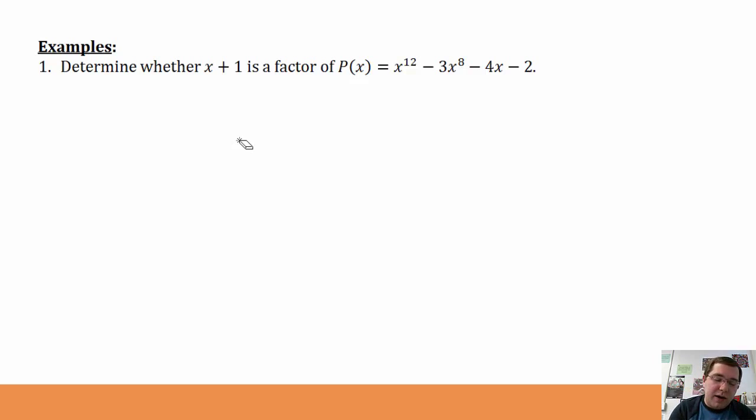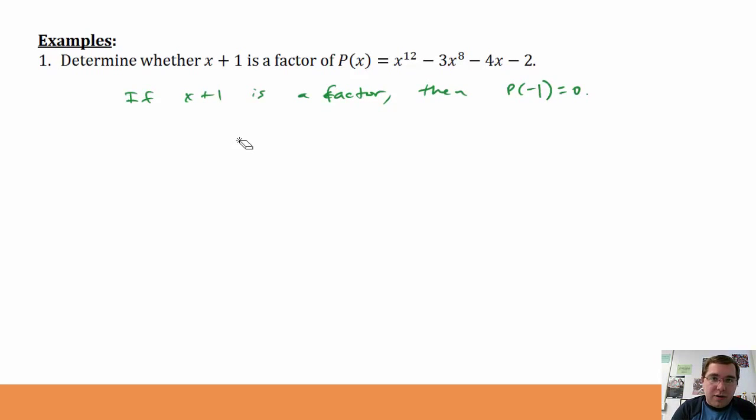I have no way of factoring that other than to use the factor theorem that I just did. If x plus 1 is a factor, then p of negative 1 equals 0. And the other result from the factor theorem is the reverse direction, that if p of negative 1 equals 0, then x plus 1, which remember is really x minus a negative 1, is a factor.